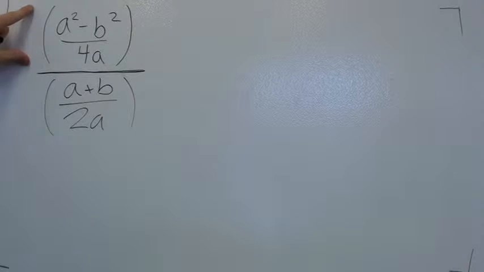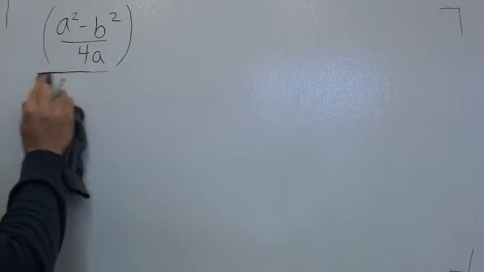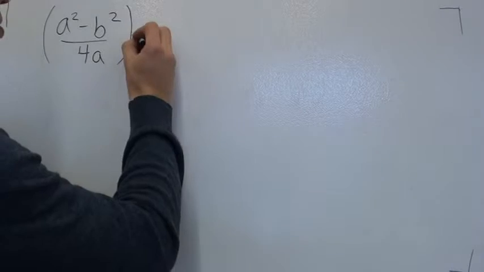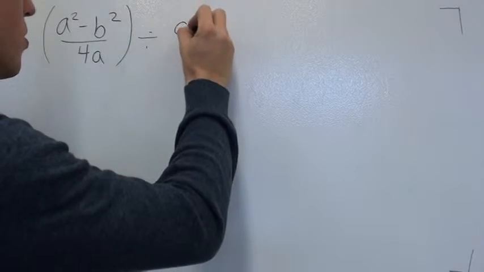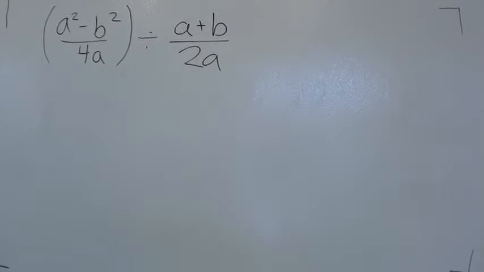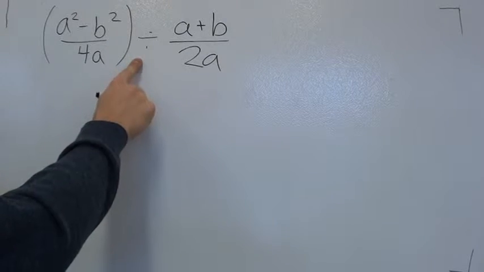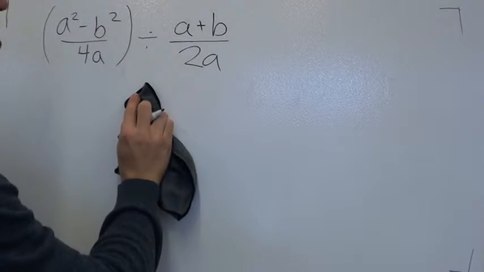So, since it's this divided by this, then we can also write it in a more familiar way. Just like that. Or then we can take this division and make it into a multiplication.